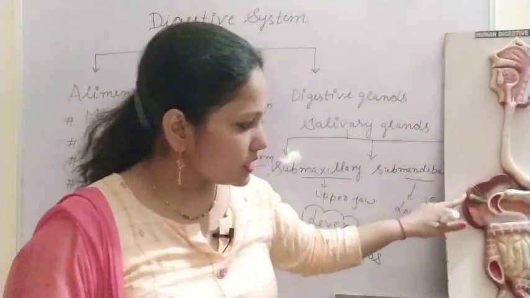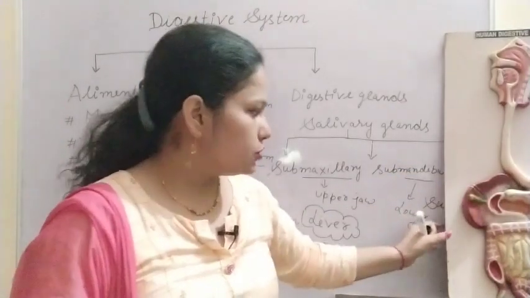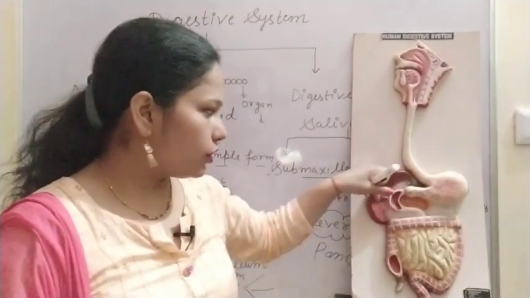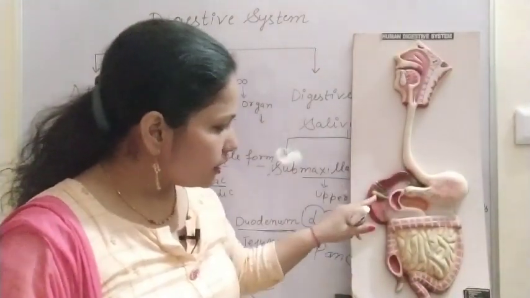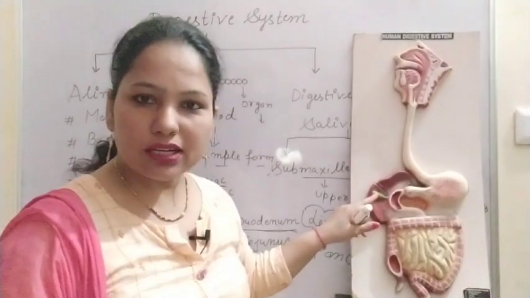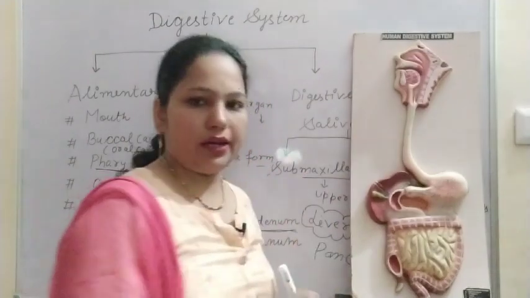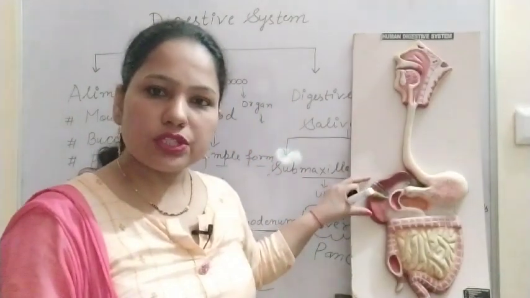So here you can see this reddish part. This reddish part is the liver. Okay. So that green color structure is the gallbladder.